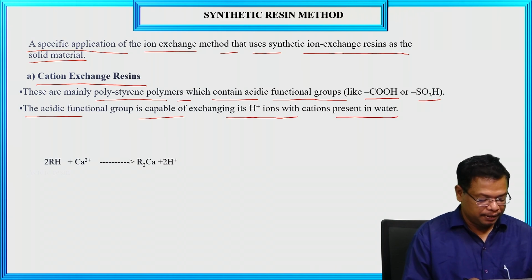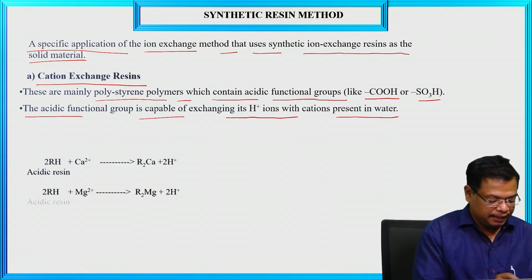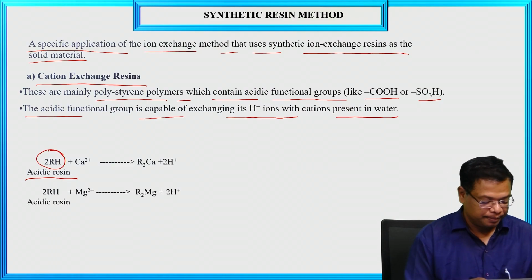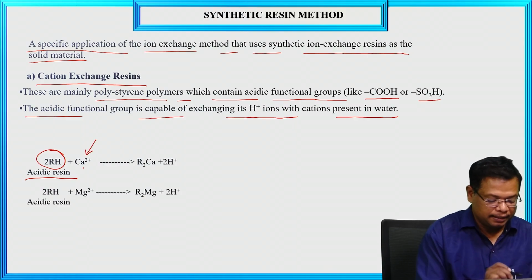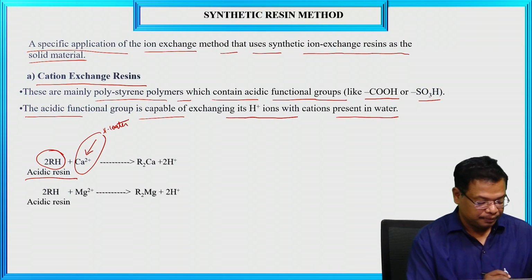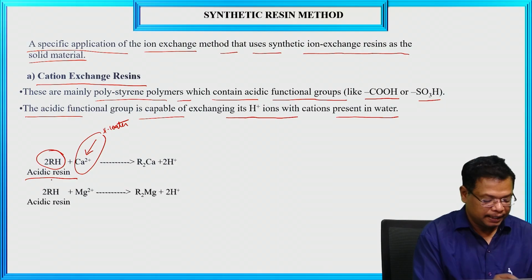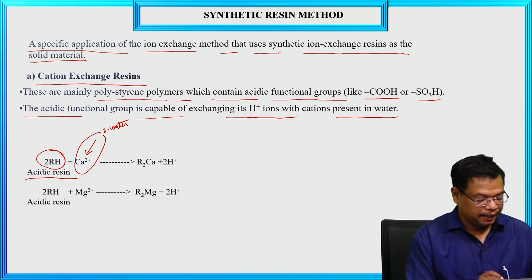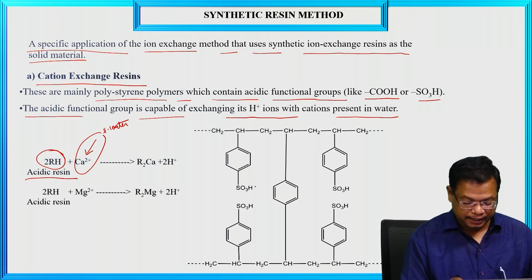For example, if you look here, this is an acidic resin. This is a hardness causing salt. So here is hard water. When we add this acidic resin to the hard water, we can see this is an acidic sulfonic group.